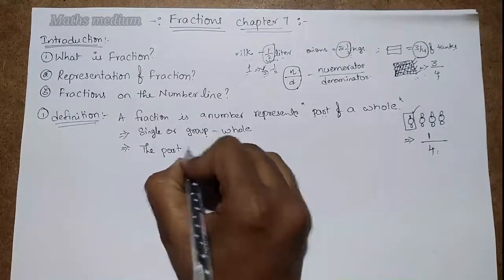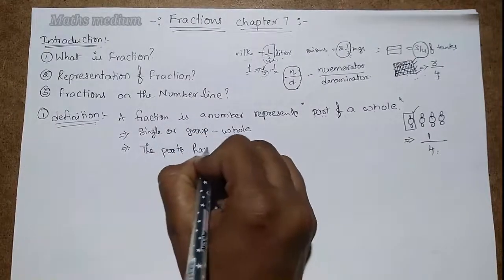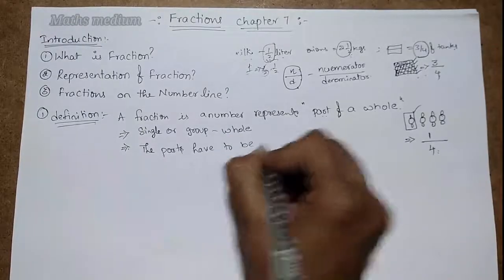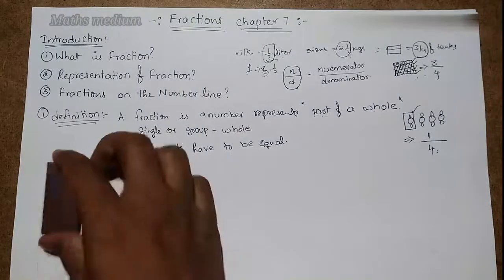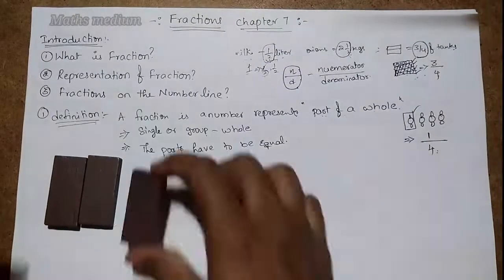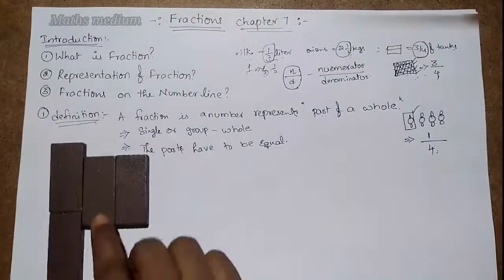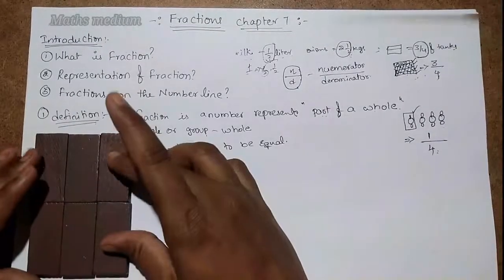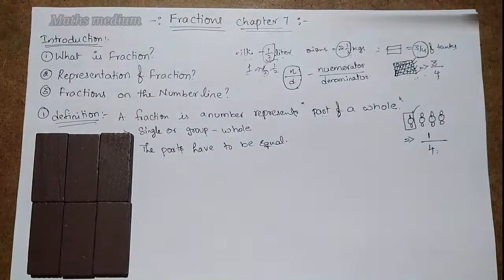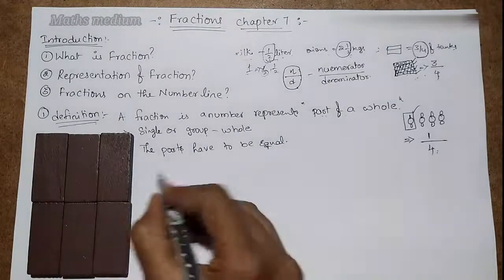Next, another thing I want to tell you, the parts we are discussing have to be equal. I will explain here. For example, I hope you understand with this activity what is a fraction. See here, just assume this is a chocolate bar. If one of your friends came and asked you, give me 2 bites.